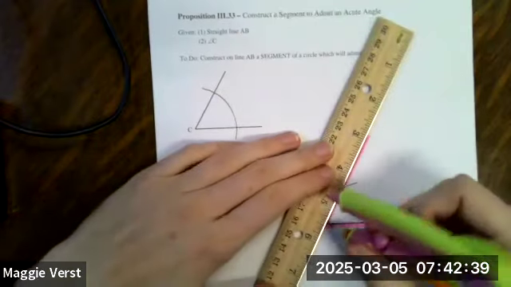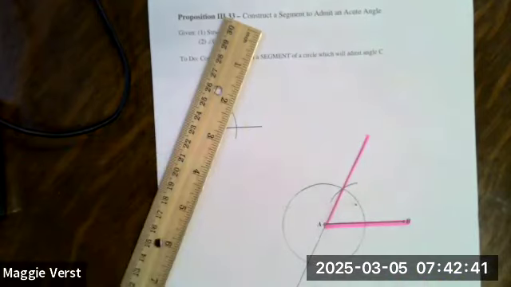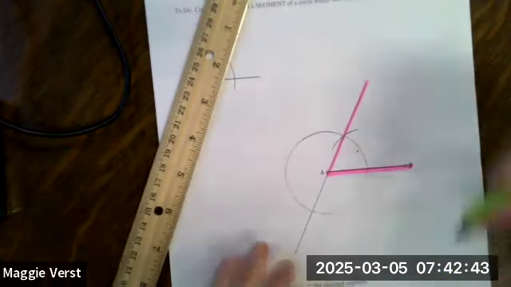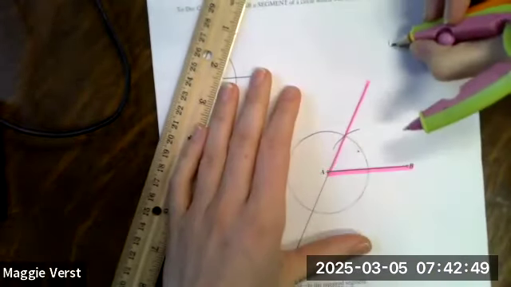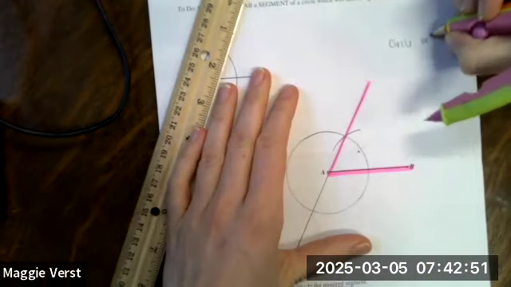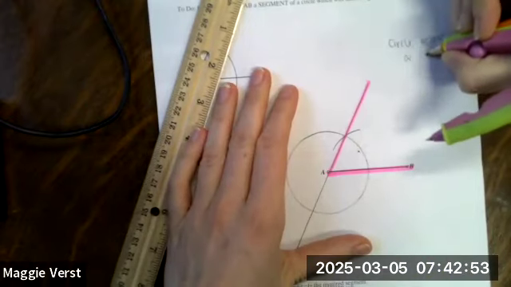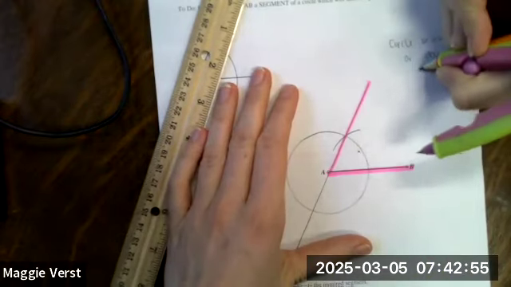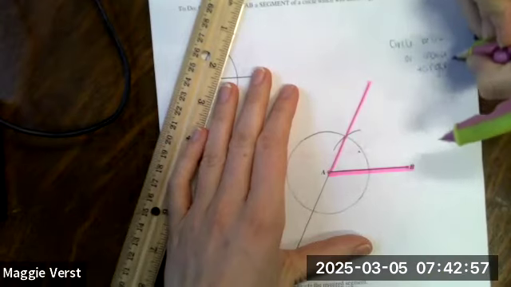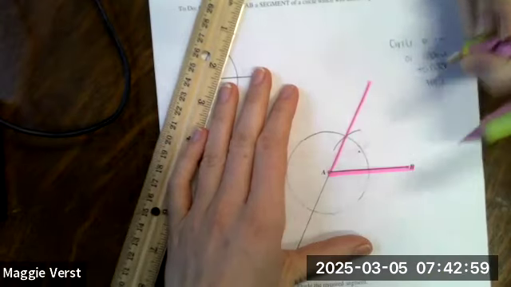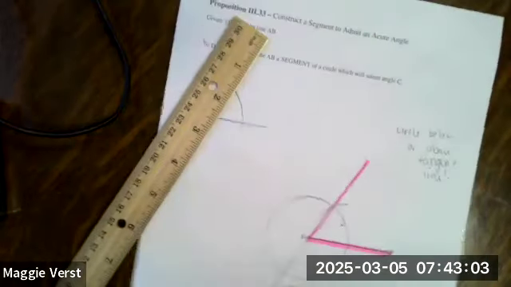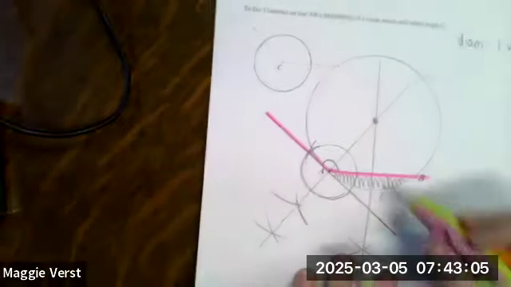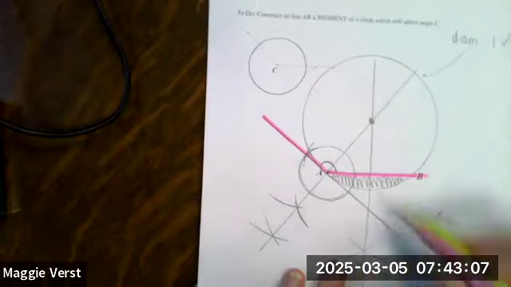Again, remember, I need to extend this line through all the way so I can bisect it. Now keep in mind, the tangent line is here. The circle needs to be above or below the tangent line. Notice on this one, it was above the tangent line.